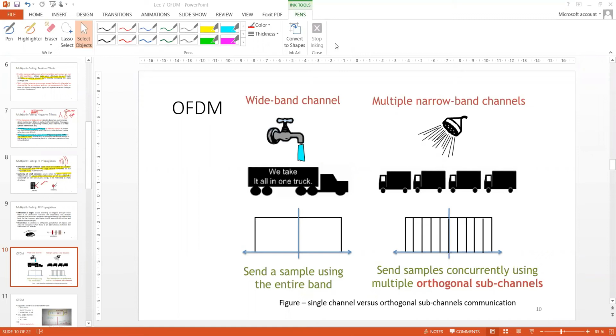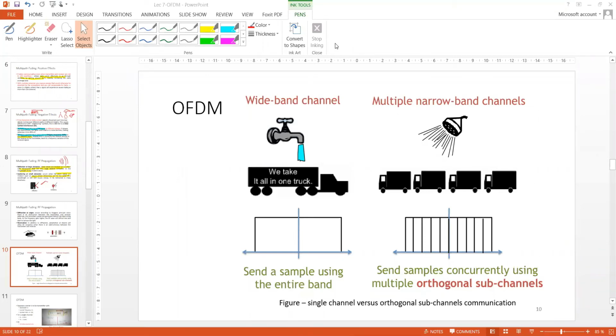In the case of OFDM, the process is somewhat the same: the signal is first modulated using a scheme like QPSK or quadrature amplitude modulation, and after that another phase of modulation is applied. But this is different from CDMA in that it is more spectrally efficient.